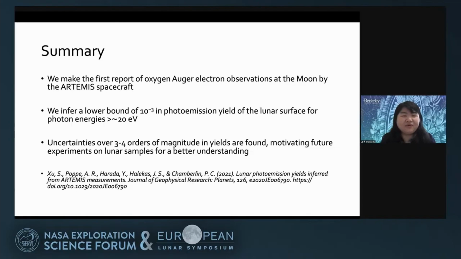We also infer a lower bound of 10 to the minus 3 for the photoelectron yield at high energies, but we did discover orders of magnitude uncertainty in yield because the probability function is unknown, which motivates future experiments on lunar samples for better understanding. So yeah, that's all. And this paper was published in JGR not long ago.